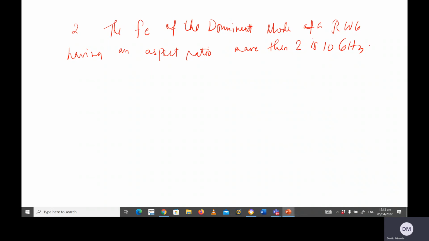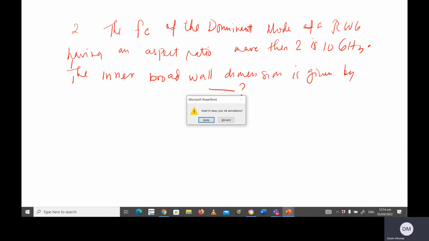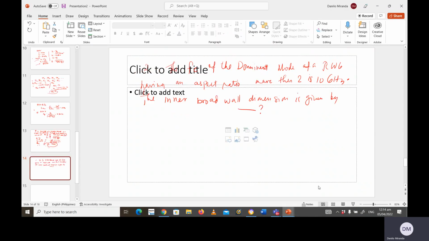The inner broad wall dimension is given by blank. So that is number 2.